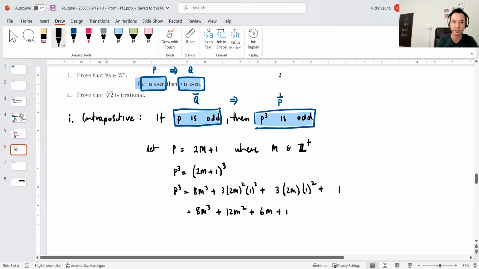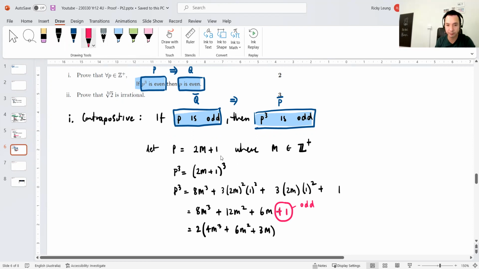I don't really care about most of that, but what's really important is this plus 1 here, because that makes it odd. So, to make your teacher happy, factorize 2 out from this: 2 times (4m cubed plus 6m squared plus 3m), and then plus the 1.